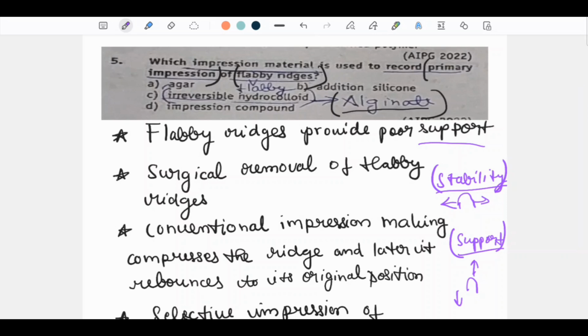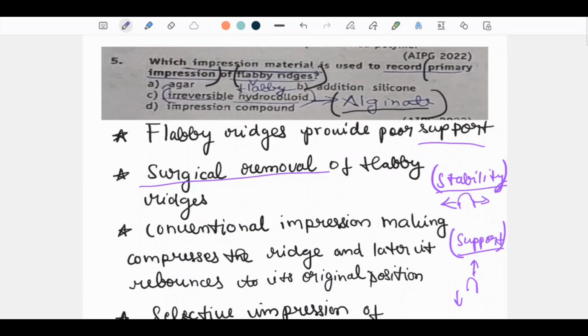Here one good solution is removing the flabby ridge by means of surgical therapy, and then we are going to replace it with a denture over there. So it's going to be fine.